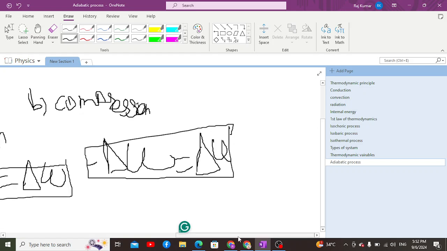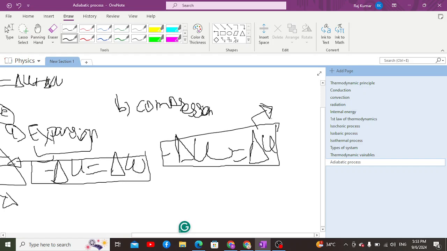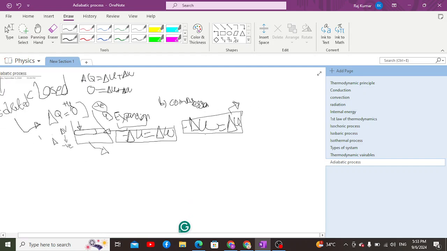Sorry, there won't be any sort of intermolecular forces. Rather, there would be an increase in the kinetic energy of the system, because the molecules will start to repel themselves and increase their kinetic energy to move away from each other, due to which the increase in thermal energy will occur as a result of the negative work done. So this is a basic example of adiabatic compression.